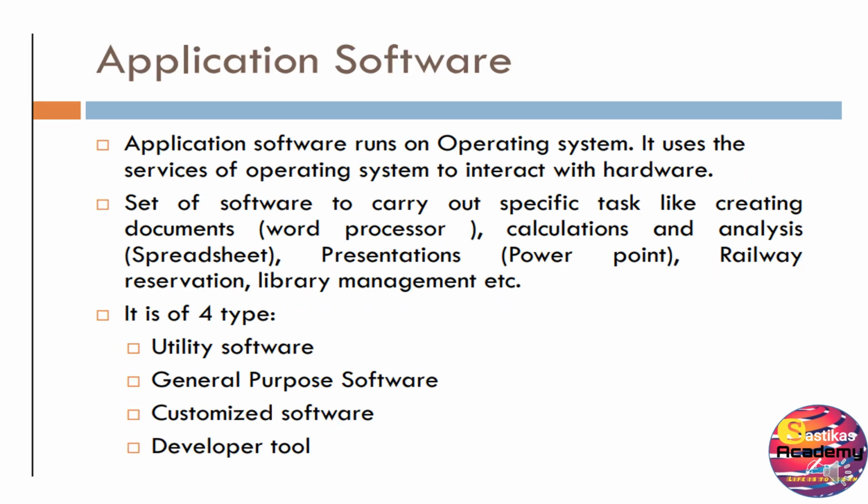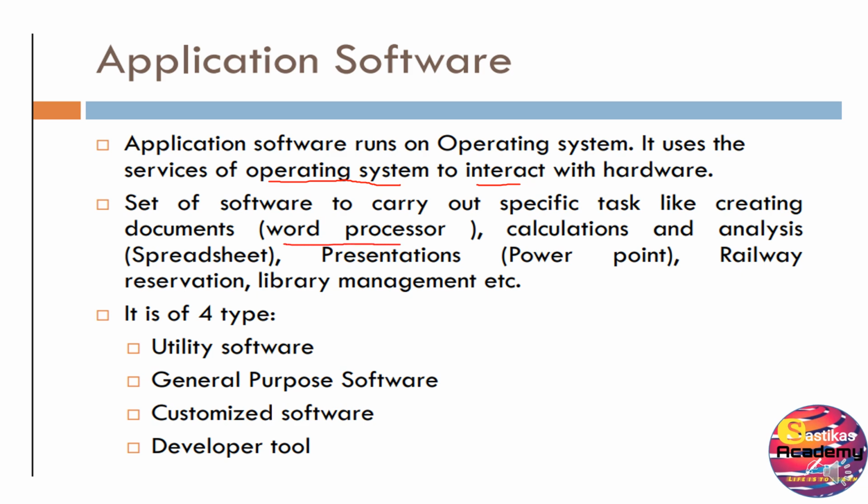Application software. Application software runs on an operating system. It uses services of the operating system to interact with the hardware. So it only uses the operating system's functions and services, and it will interact with the hardware. It is a set of software to carry out specific tasks, like creating documents in a word processor.